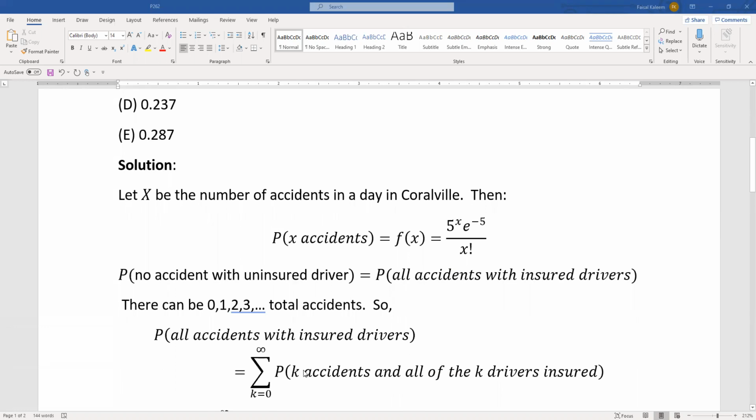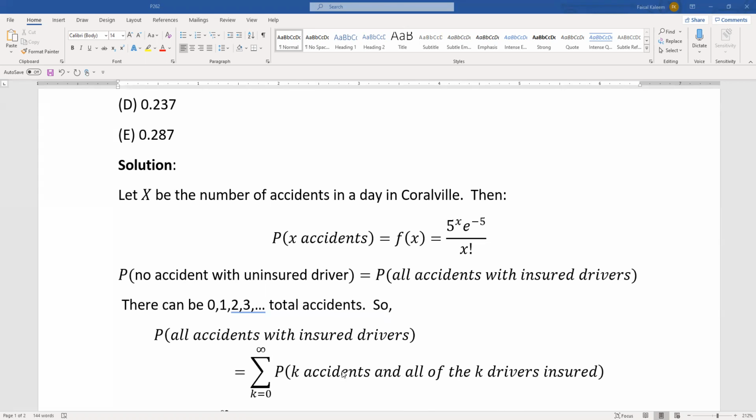So as we said, the number of accidents could be 0, 1, 2, 3, and so on. So if you have k accidents, you want the probability that you have k accidents and all of the k drivers are insured. And k could be anything from 0 to infinity. You could have 0 accidents and 0 insured drivers, or 1 accident and 1 insured driver, or 2 accidents and 2 insured drivers, and so on.